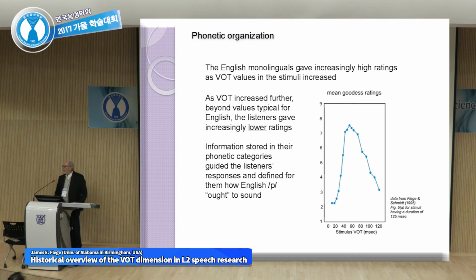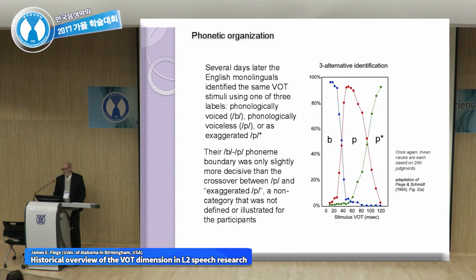The monolinguals gave increasingly high ratings as VOT values in the stimuli increased. As VOT increased further, going beyond values typical for English, the listeners gave increasingly lower ratings. Information stored in their phonetic categories guided the listeners' responses and defined for them how English P ought to sound.